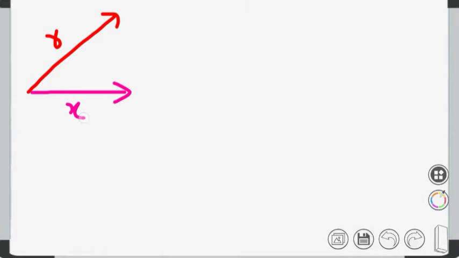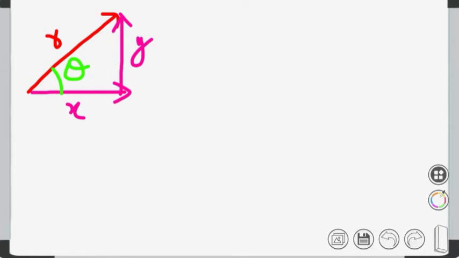So when I draw this triangle without xy axis, it will be as this. This was our resultant force, that is R. This was our x-axis reflection and this was our y-axis reflection, and the angle between these was theta.